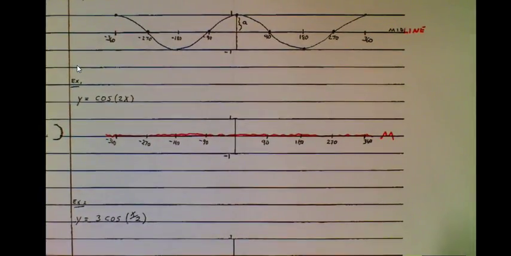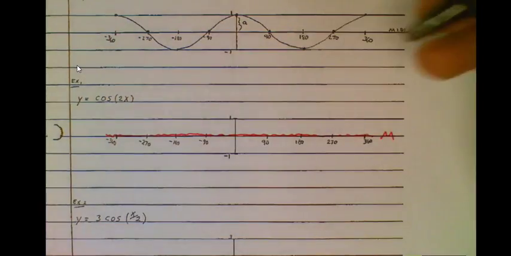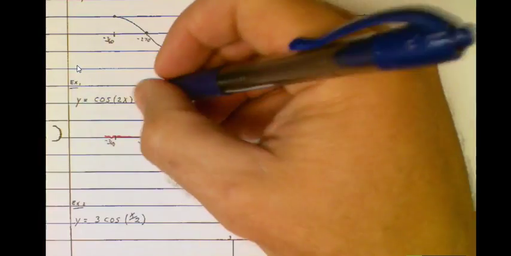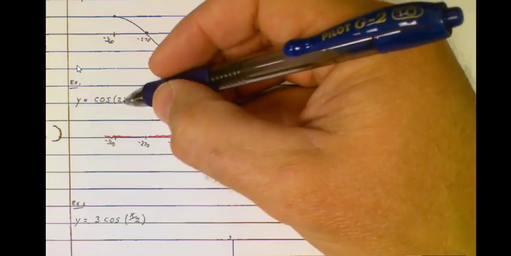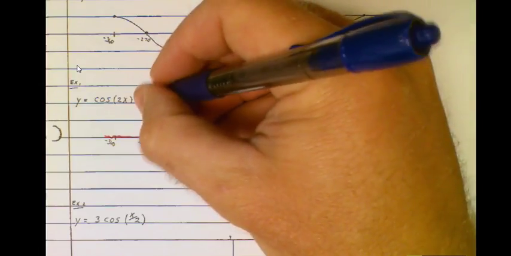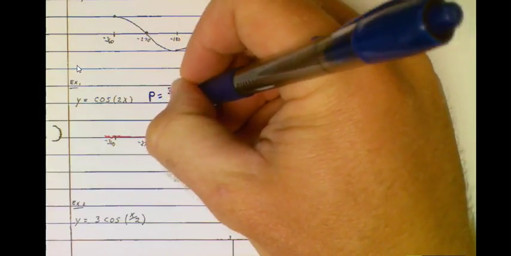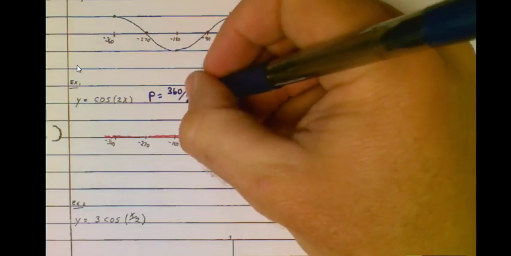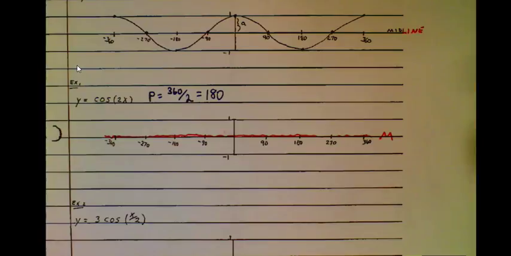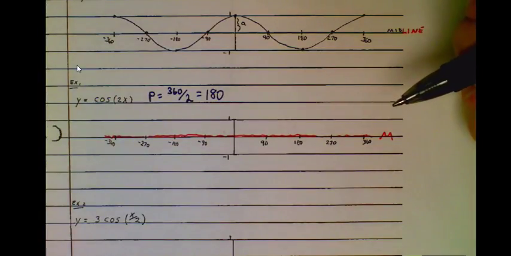So I always come up with that part first, then turn to the b value to help with the period of the graph. In this case, you can see that our b value is 2. So I know that the period is 360 divided by 2, which means every 180 degrees on this graph, I should see one full period.